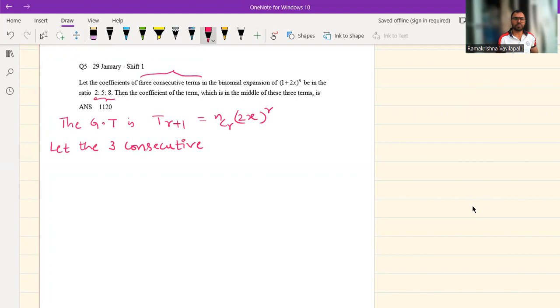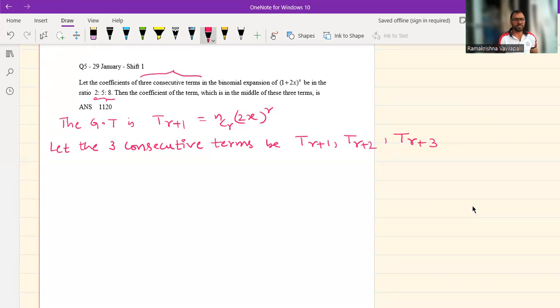Let the 3 consecutive terms be, in any manner, T(r+1), T(r+2), and T(r+3). These are the 3 consecutive terms, and their coefficients are in the ratio 2:5:8.